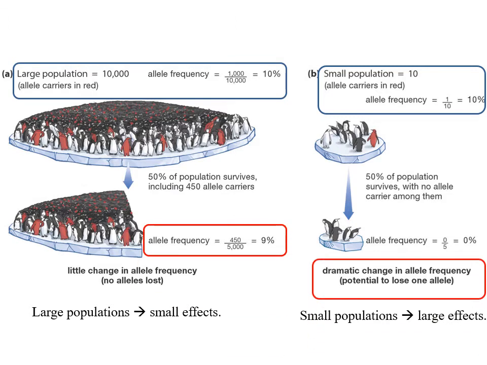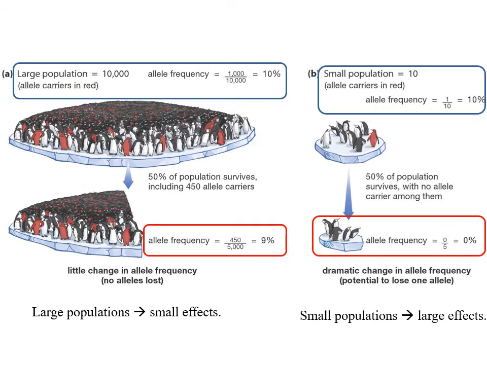But after a natural disaster that caused the iceberg to break, the allele frequency for carriers in the large population remained 0.9 or 9% compared to the small population, which has nil. This shows that in a large population, allele frequencies are likely to remain constant and genetic drift can be avoided, while in a small population, allele frequencies may change drastically by chance alone.